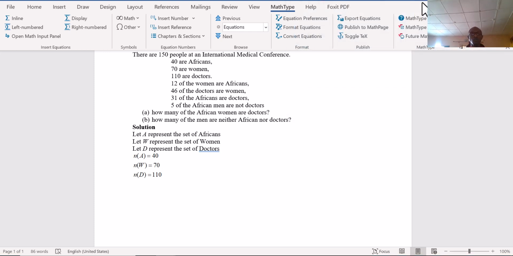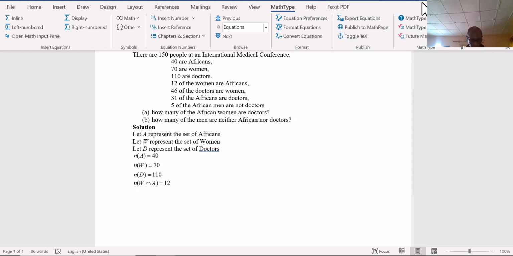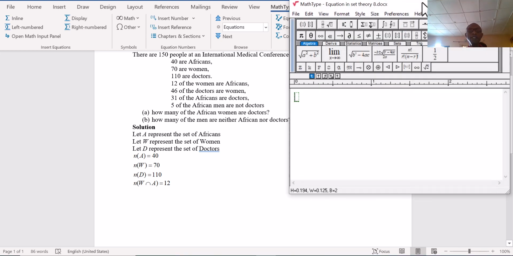The next information we are given is that 12 of the women are Africans, so they are women and they are Africans. Then 46 of the doctors are women, so they are doctors and they are women.